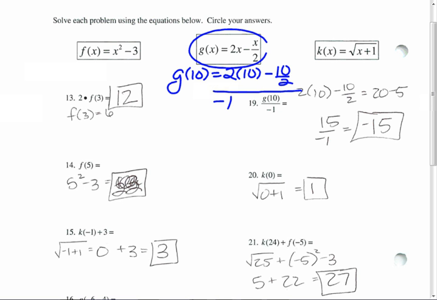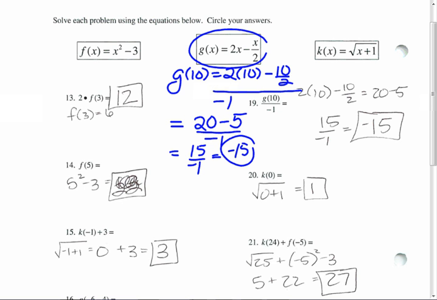So what's 2 times 10? 20. What's half of 10? 5. And it's divided by negative 1. That's the way I would write it. So this is going to be equal to 15 over negative 1, which is a negative 15.